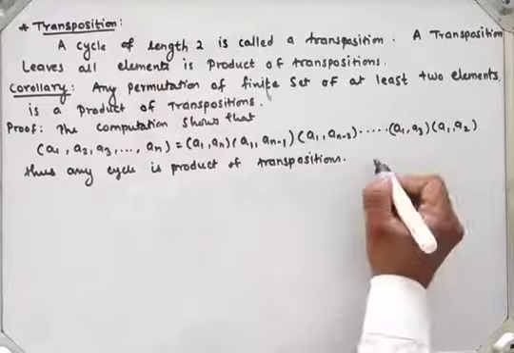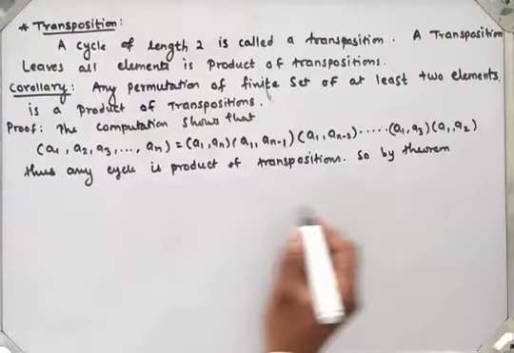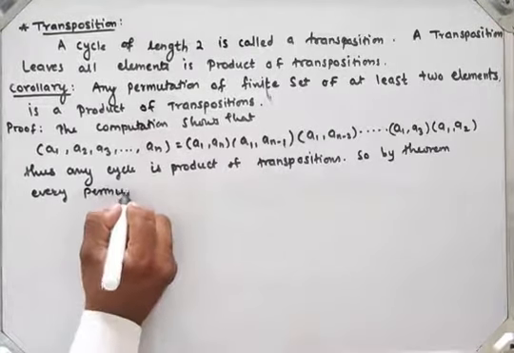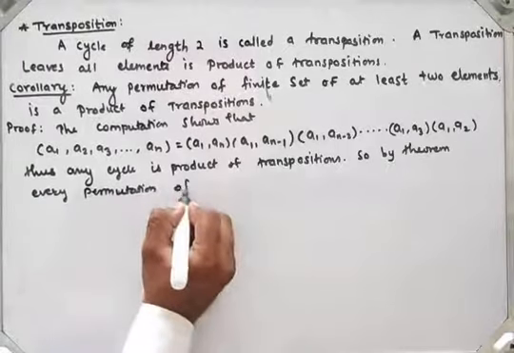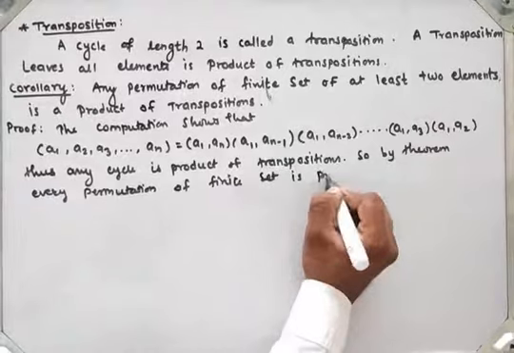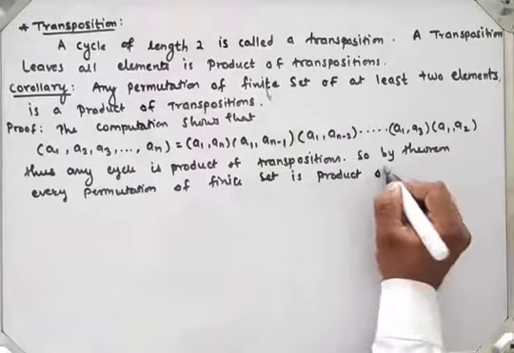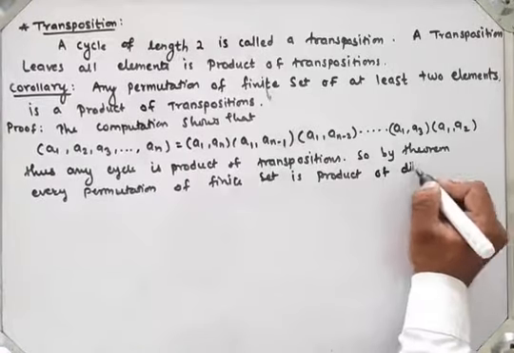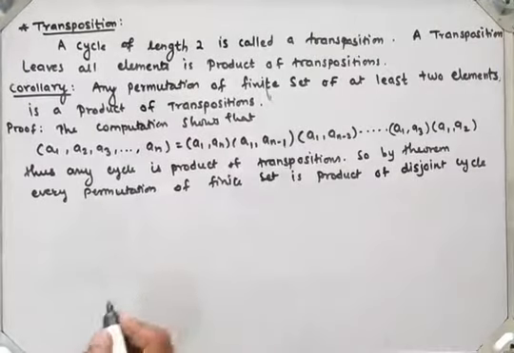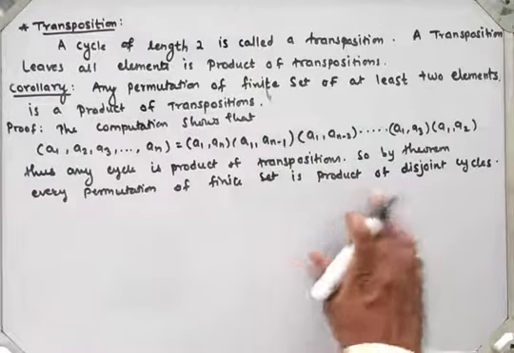So by the theorem we have seen, what is the statement of the theorem? Every permutation of a finite set is a product of disjoint cycles. So every permutation can be written as a product of disjoint cycles.